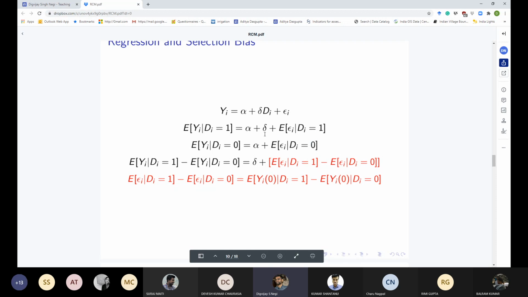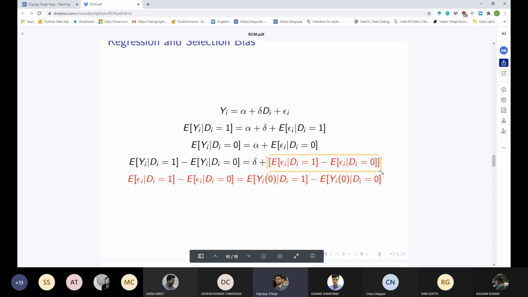Within this framework, we can again write the expression for the average treatment effect with observed outcomes. It is basically this object minus this object. We do that, and alpha gets cancelled. We have delta here, delta plus this.